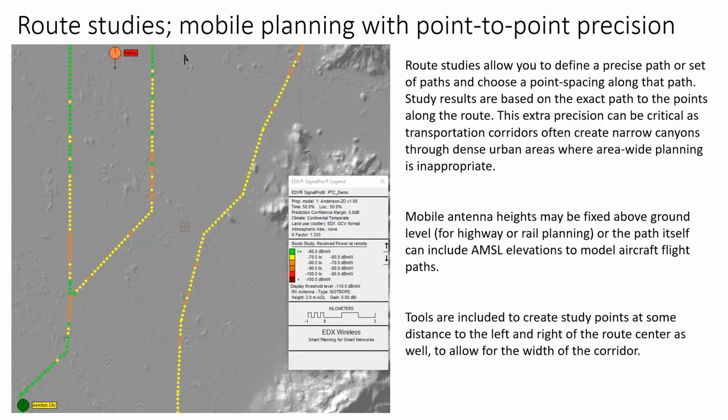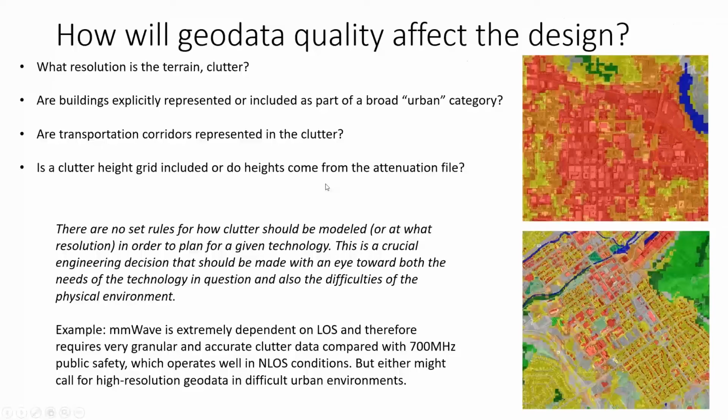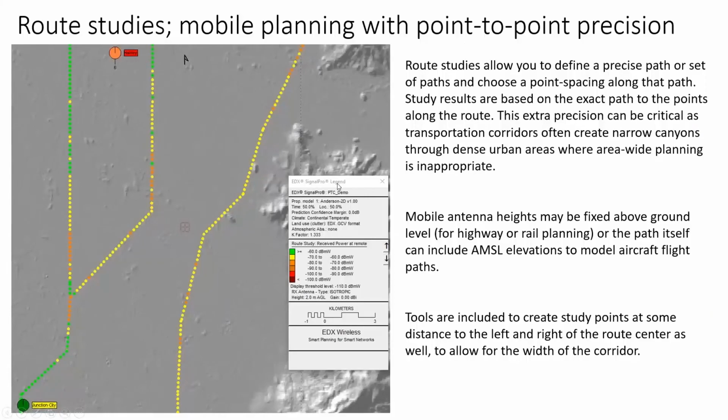And by the same token, on a railroad right-of-way, there's open space in a lot of areas, but there can also be catenary poles and other things going right over that right-of-way that make it worthwhile to use the exact precise locations along that route, rather than doing radial lines and allowing them to spread out, and rather than doing grid points that may or may not be centered exactly on the track.